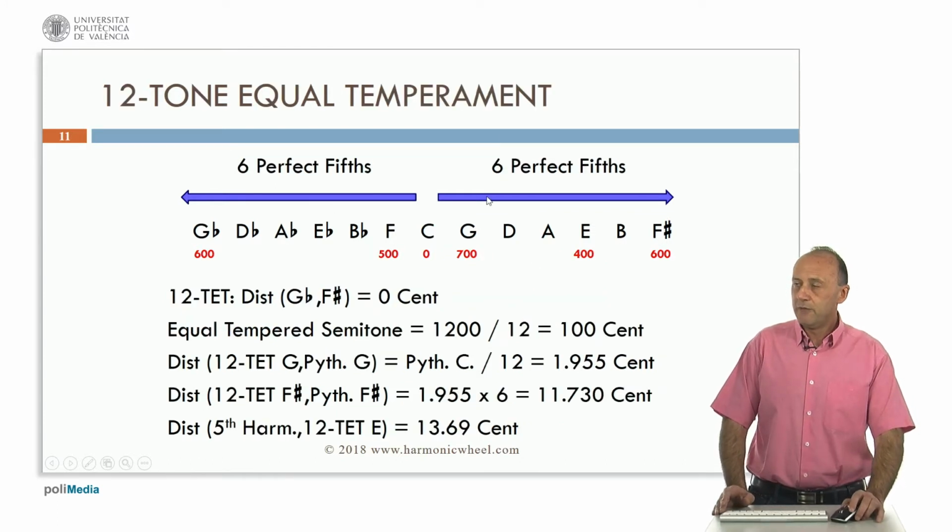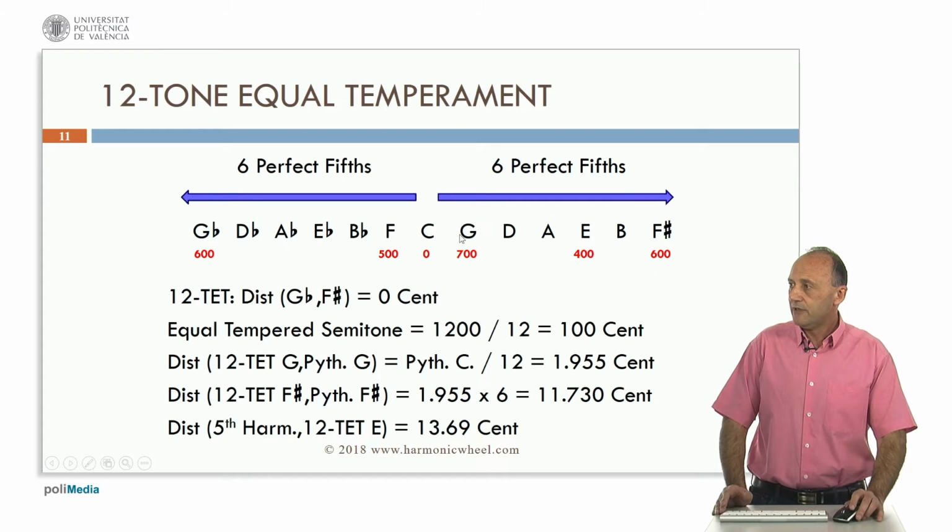In 12-tone equal temperament, we divide the octave into 12 equal parts. So now note G has 700 cents, and F sharp and G flat are exactly the same note. So the difference between them is 0 cents. Now the difference between two consecutive notes is 100 cents, which is the equal tempered semitone.